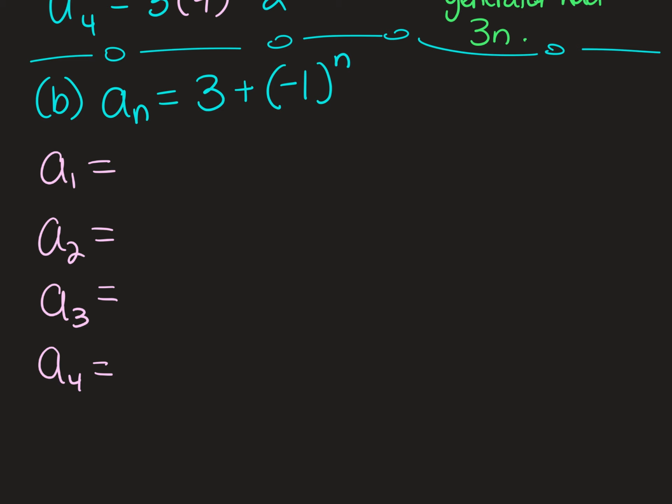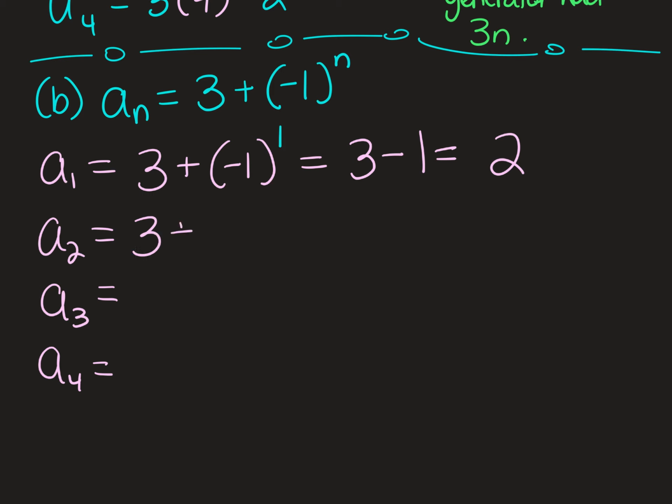To find the first term, I'm going to do 3 plus -1 raised to the first power because that's my n value. What is -1 raised to the first power? -1, right. So we're really saying 3 minus 1, and that ends up being 2. Let's try the next one. 3 plus -1 raised to the second power, because we're finding term 2. What is -1 squared?